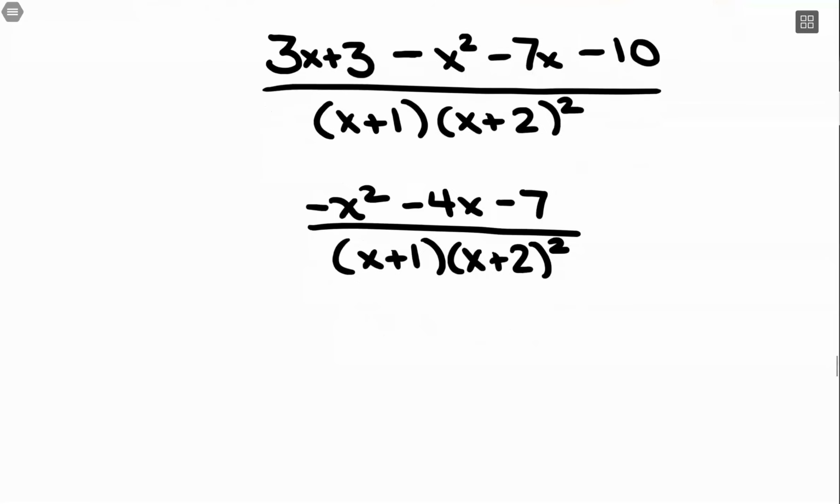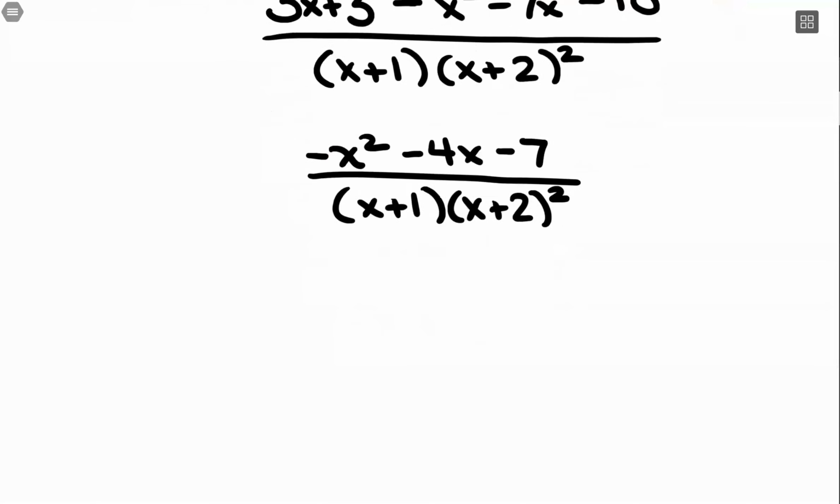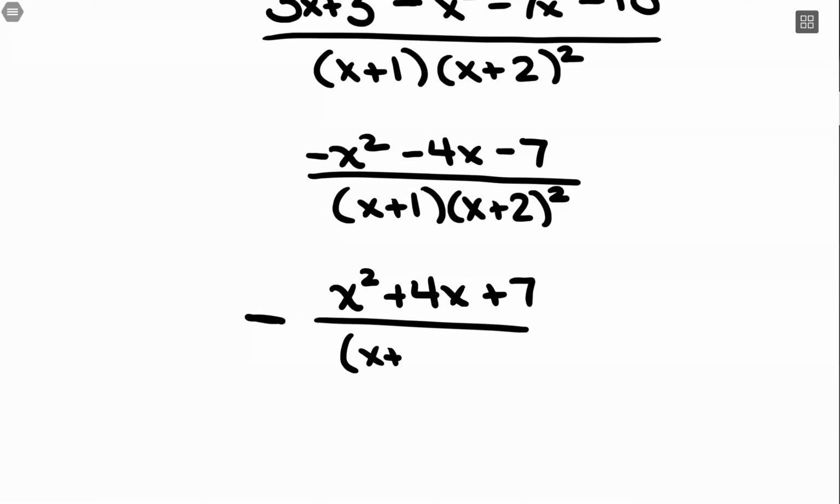So that works great. Having a negative out front there, we could factor out the negative. So we could bring the negative out front of the fraction, and that would essentially bring a negative out from every single term in that numerator. It's the idea of factoring out a negative 1. So that would make for a positive x squared plus 4x plus 7 all over x plus 1 times x plus 2 squared.